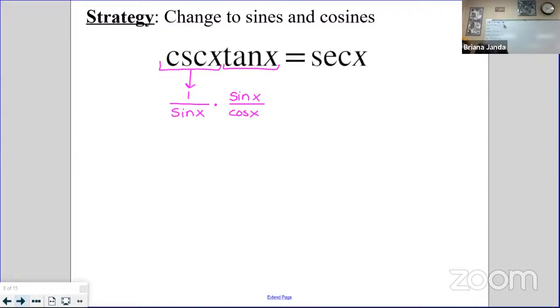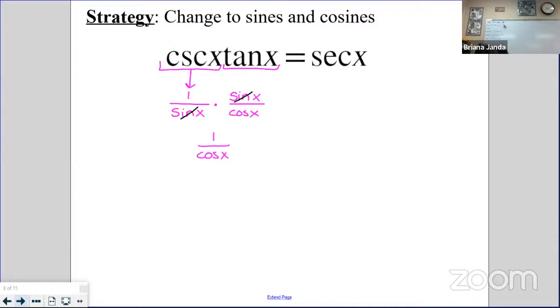And then I can see that I have a sine of x in my numerator and my denominator. And so I would be able to simplify that. And now multiply straight across the top, straight across the bottom. I get to 1 over cosine of x. And then I'm trying to match this. I just have one more step, right? And that's replacing it with its identity.